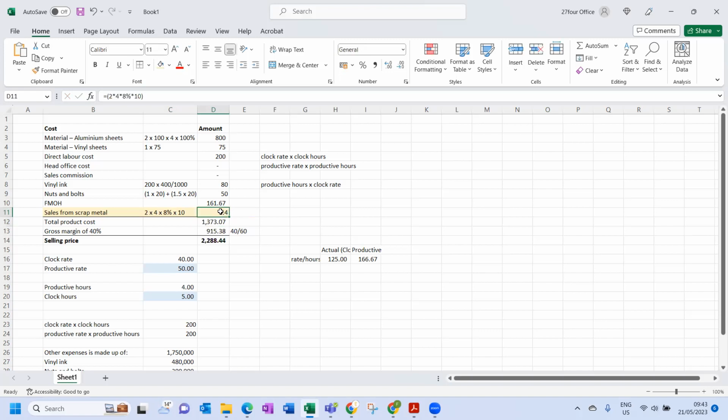So that is the amount. But remember, because we are making money, it reduces the cost. So that is basically the adjusted amount. I'm going to make it in another color so you can see it's an adjusted amount.